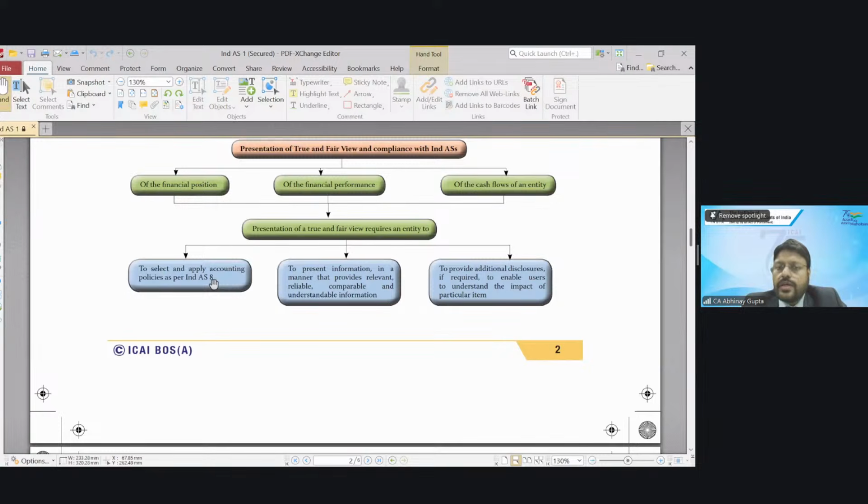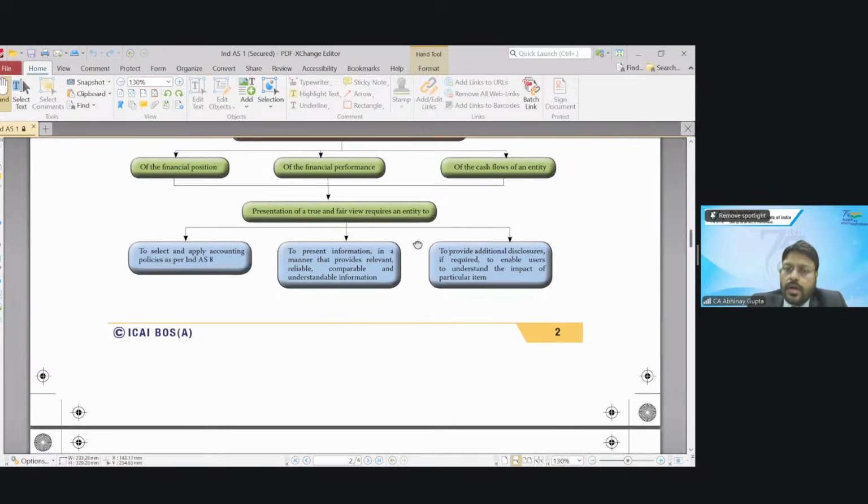So this is how we need to ensure that the accounting policy choices we make are more relevant and reliable for us, and we are not just selecting them for our advantage. The objective should be relevance and reliability. That's what the standard says, to depict the true and fair view of your financial statements.